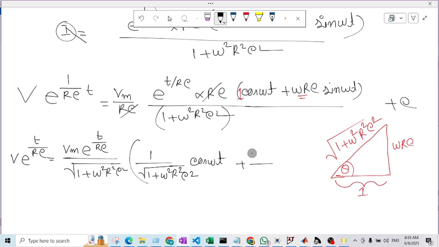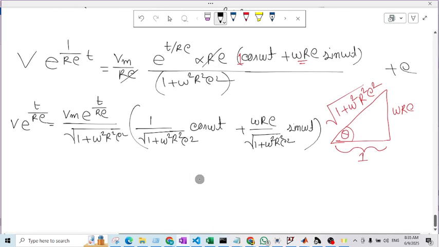Then again omega RC over 1 plus omega square R square C square sine omega t. Now think carefully. Can I write this equation from this equation? Yes, right? If you don't understand, you can pause the video and you will understand it. It's a very easy thing, how I have done this.